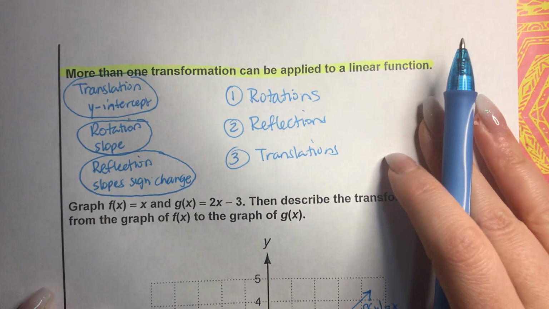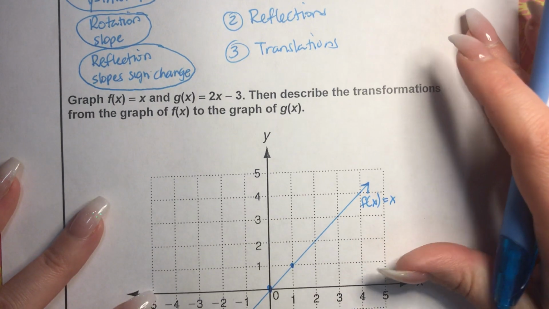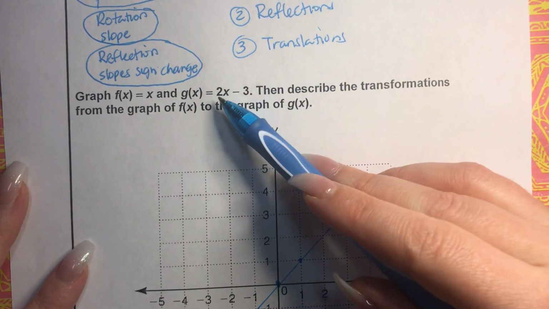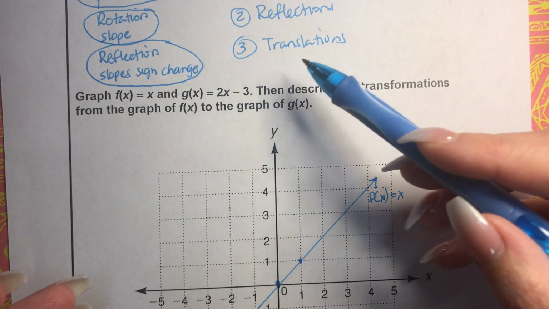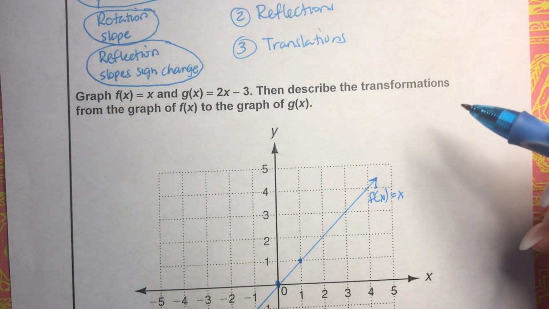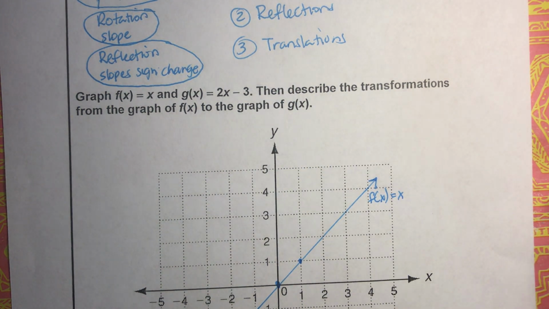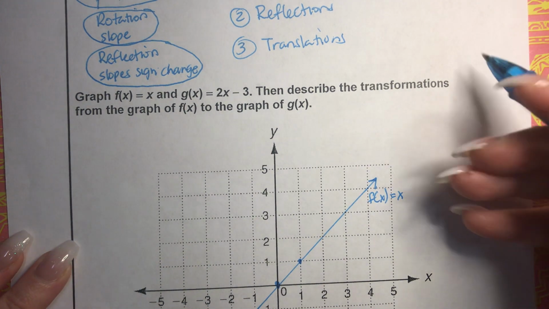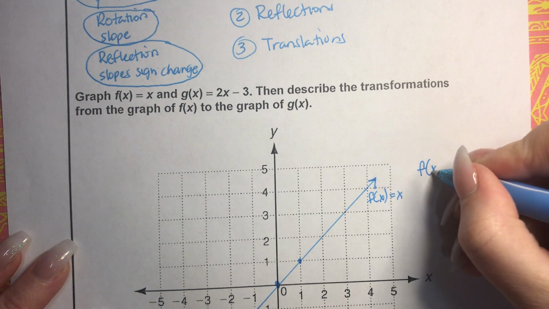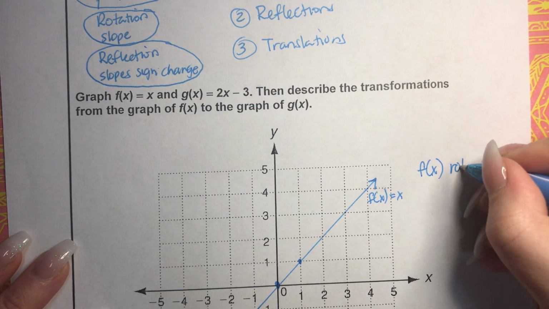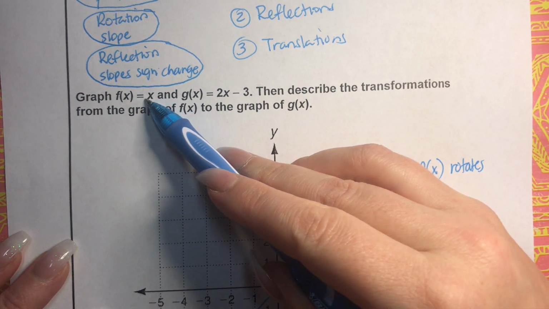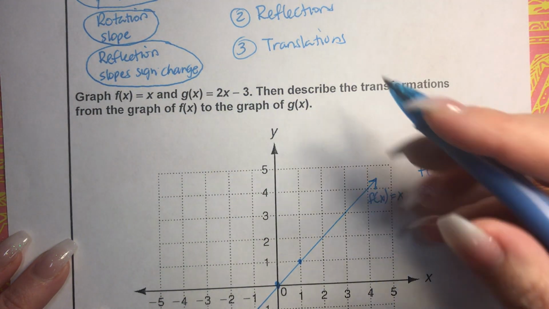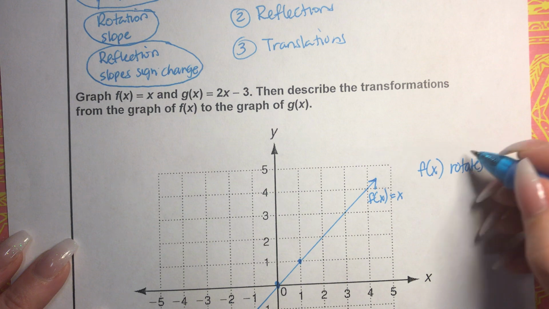So I'm going to do the rotation first. The only thing I'm going to do is that rotation, and I'm going to call that h of x. So f of x rotates, and the slope here is 1, and then it becomes 2, so it gets more steep.